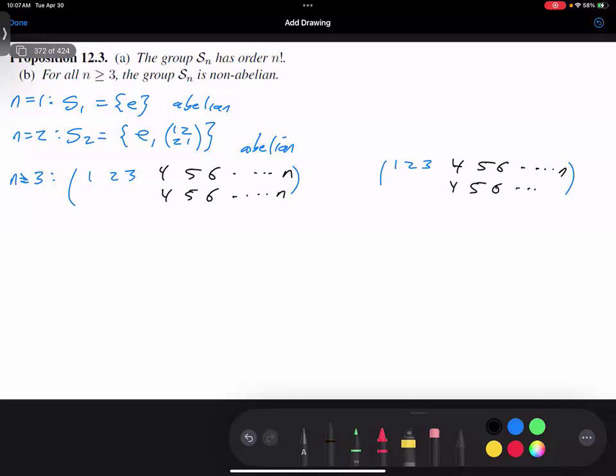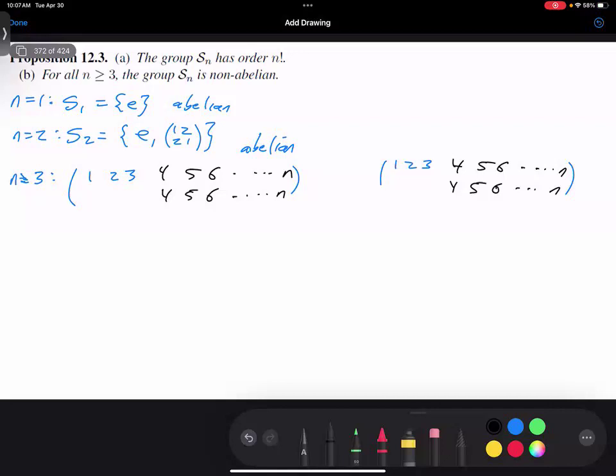Because if I can find an example like this, then by showing that S3 is non-abelian, I'll get all the SNs with n at least 3 are non-abelian. If I can find one example where I don't change what 4 goes to, 5 goes to, 6 goes to, if I leave them alone.